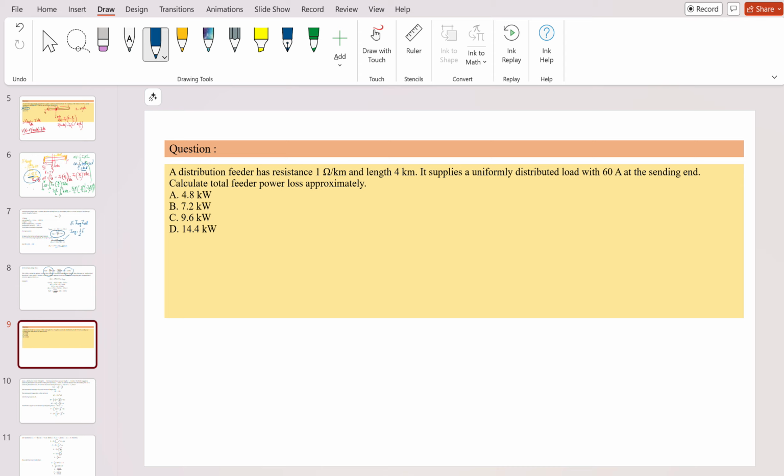This is another similar kind of question, where a distributed load is there. You have to find out what the approximate total feeder power loss will be. I have already given you some glimpse. You just have to put the values into the equation and try to find out.